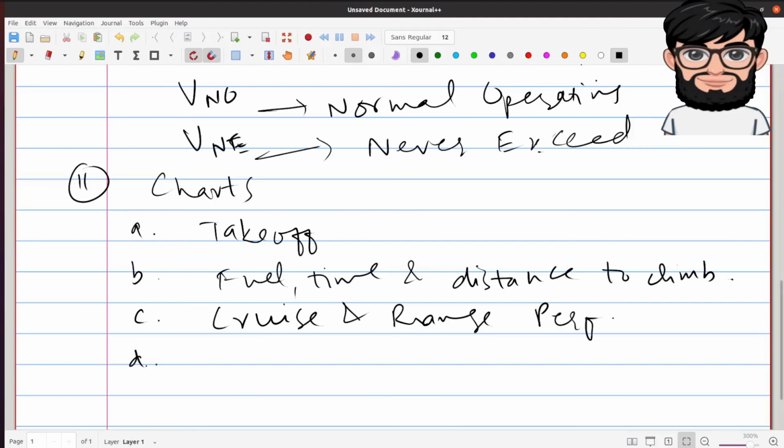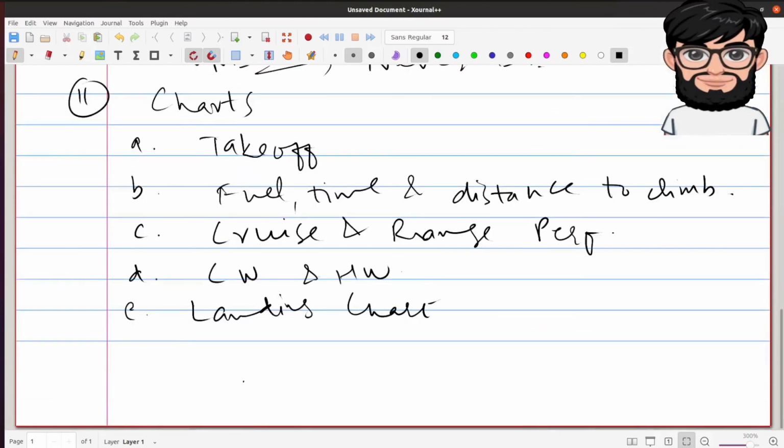Then the crosswind and headwind component chart. Landing chart. Then there is the stall speed performance chart. These are the charts we wanted to cover.